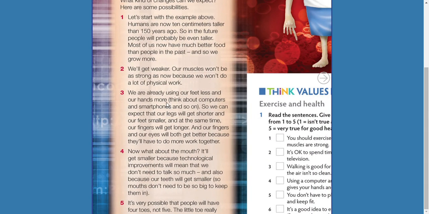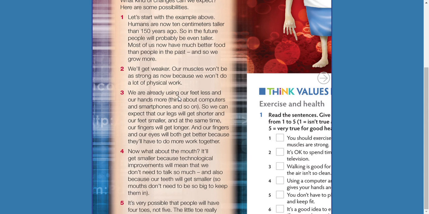Number 2, we'll get weaker. Remember weaker? Our muscles won't be as strong as now because we don't do a lot of physical work. If you practice activities like exercising or working or doing something physical, your muscles will be strong. But if you don't, your muscles will be weaker. Number 3.